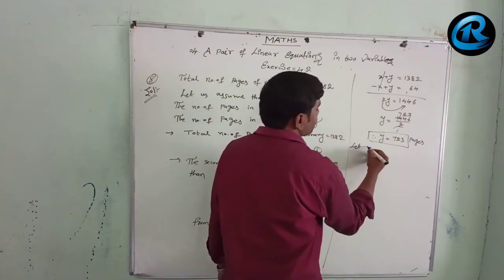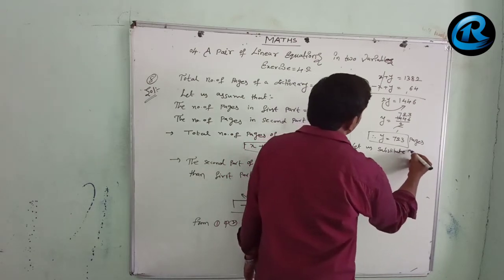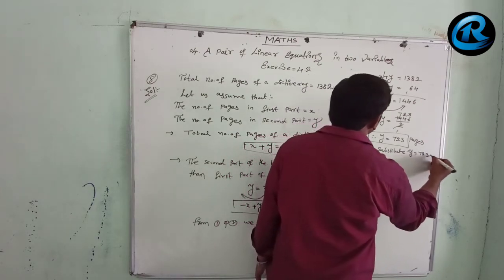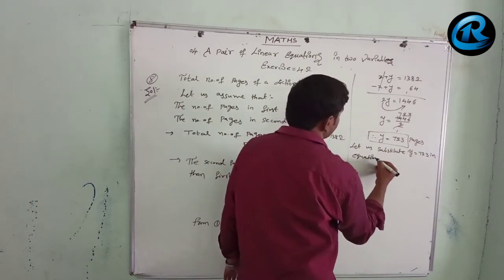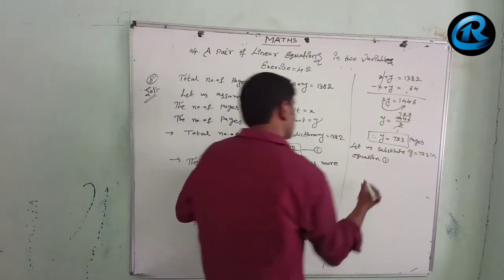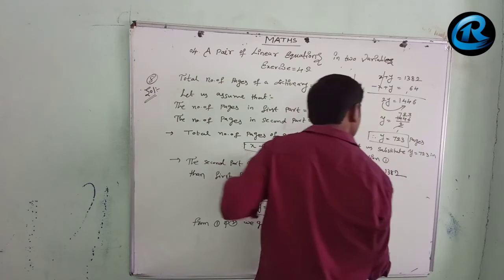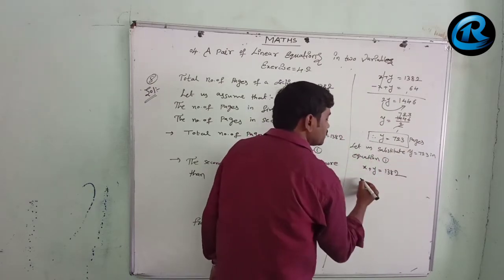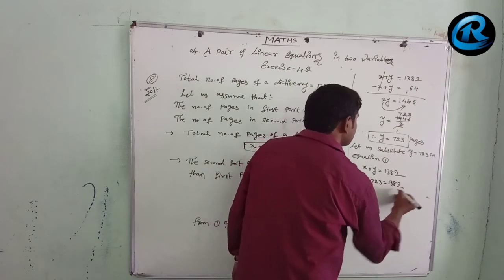Now let us substitute y equal to 723 in equation number 1. What is equation number 1? x plus y equal to 1382. So y value we got, substitute y value 723.